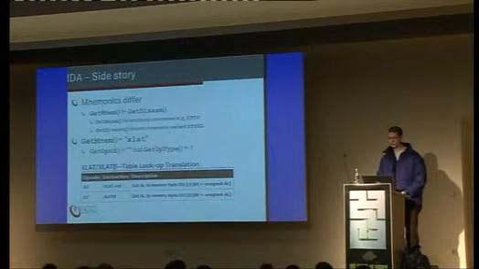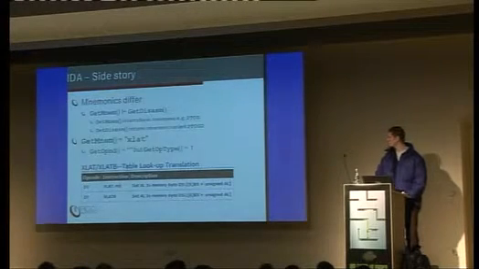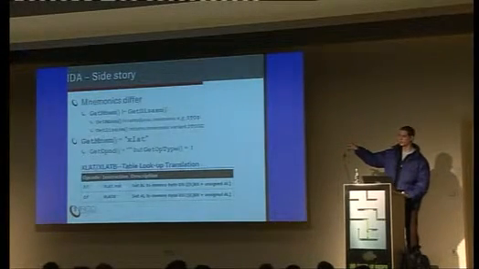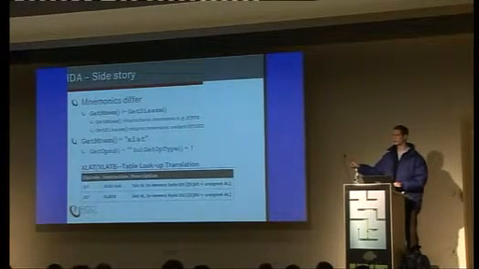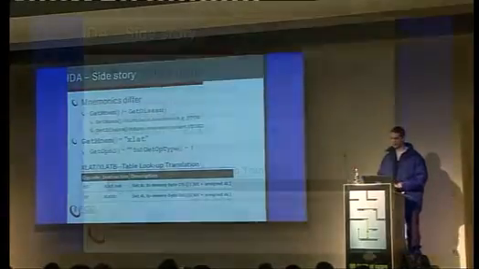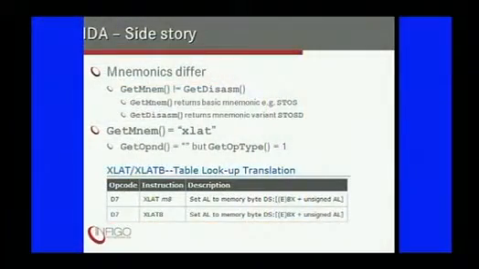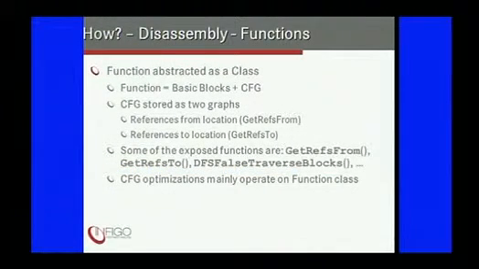So if you use either to analyze this code and you get the xlat instruction, you will think that you have an operand associated with that instruction, but this is false. If you run get operand for the first operand, you will get an empty string. But get operand type returns 1. So this is a hidden operand that is actually the bottom syntax used. So this is just something to note if you are going to instrument stuff like this.